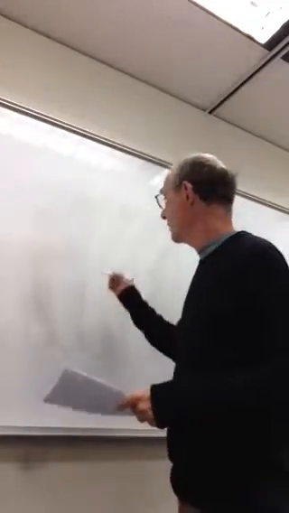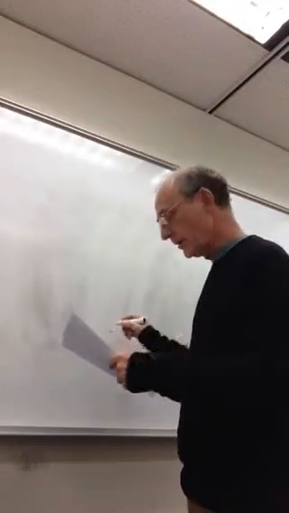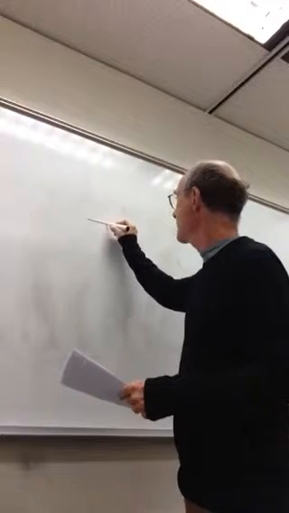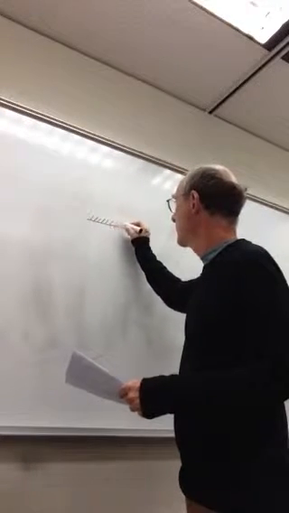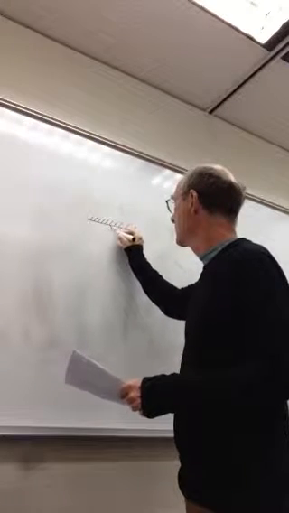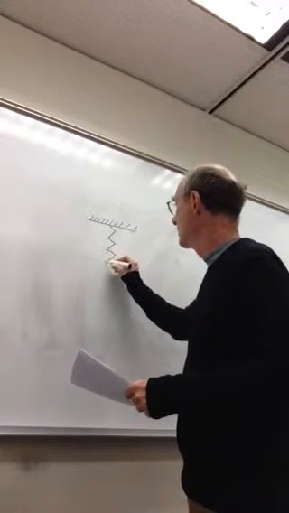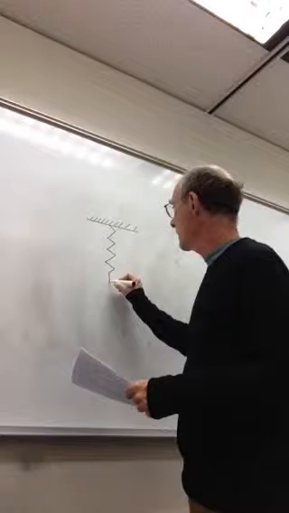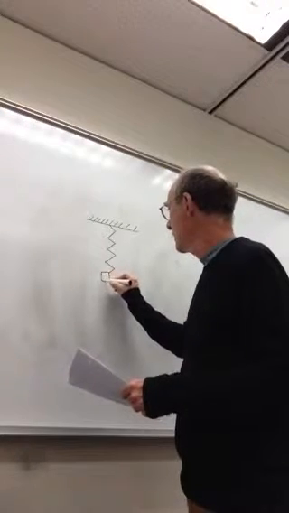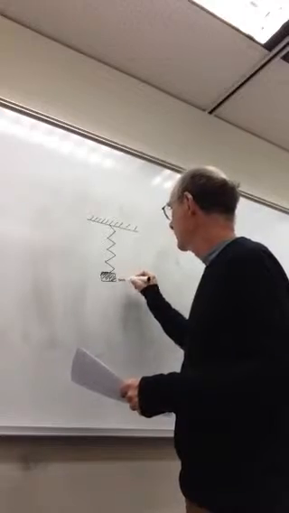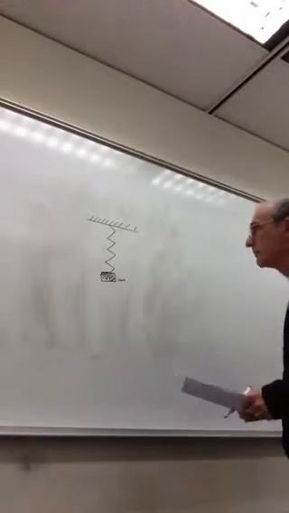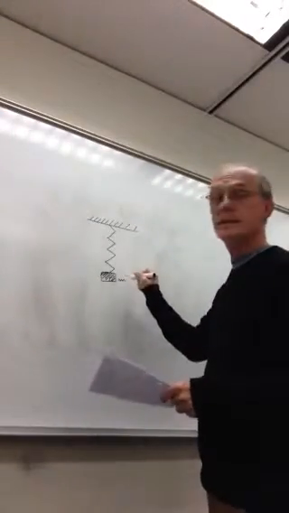So a simple harmonic oscillator example would be a mass on a spring. So here's a spring supporting a mass M at the bottom, and the mass is at rest.